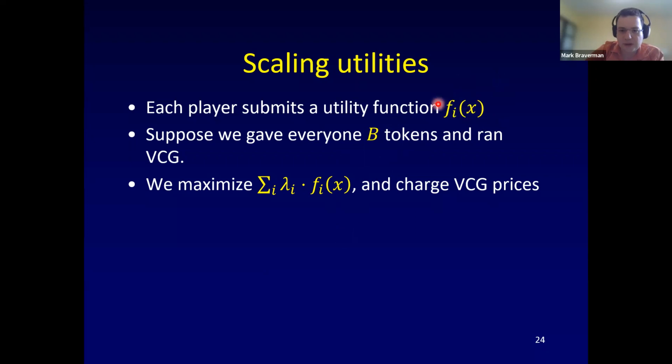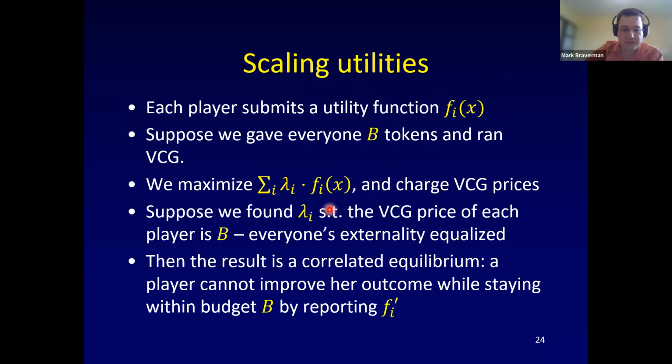We got the utility functions fi, and we find non-negative parameters lambda i such that if we maximize the weighted sum and charge VCG prices, every player still pays B. Then the result again is a correlated equilibrium, and it's again true that no player can improve their outcome while staying within their budget by misreporting fi to fi prime.